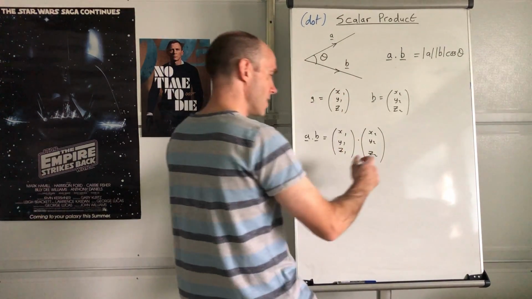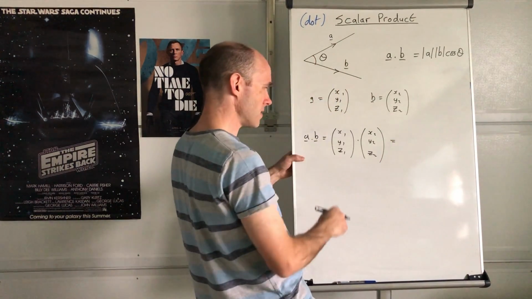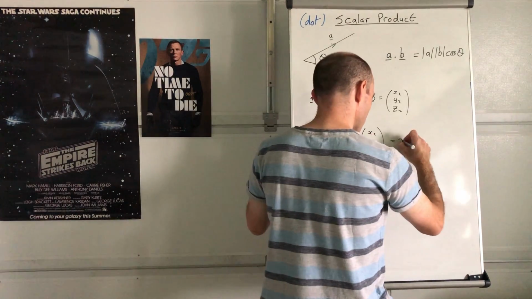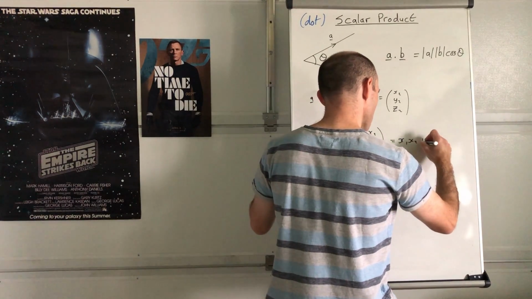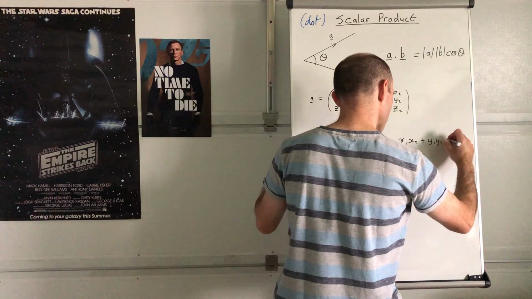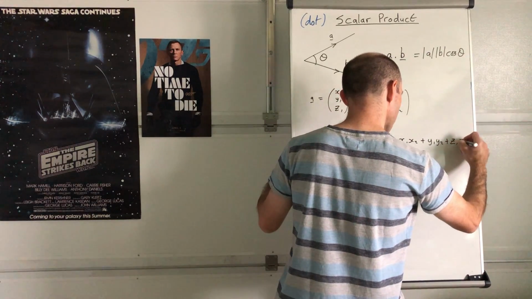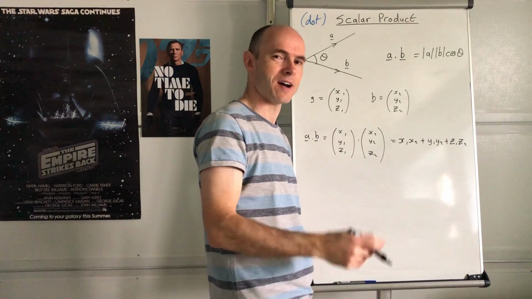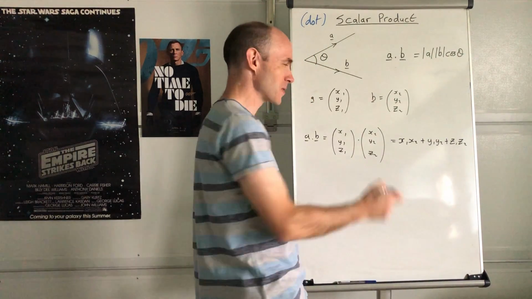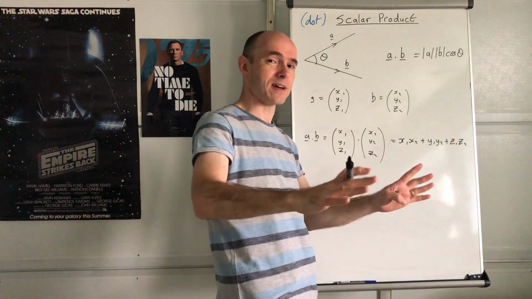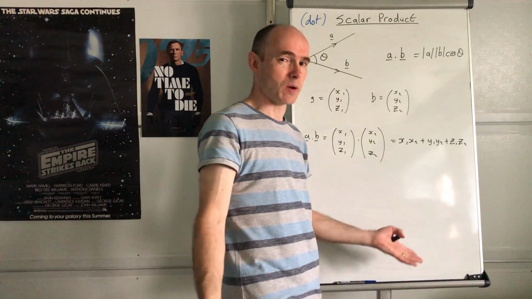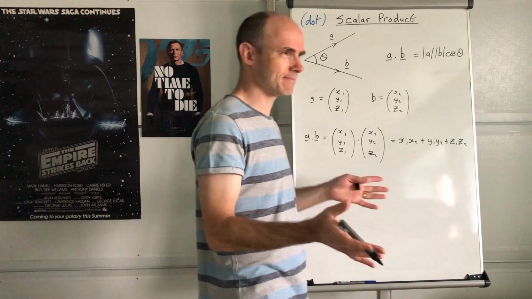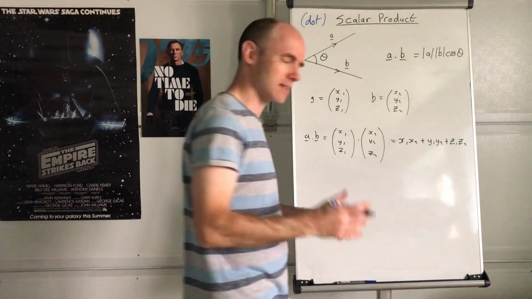Written like that, you do that times that, that times that, that times that, and add them together: x1x2 plus y1y2 plus z1z2. I said that very quickly. I do that in class as well, so people don't start asking questions, because I've just stated that without proving it. The proof takes a little while. I haven't decided yet whether I'm going to show you a proof, but go with it for the moment.